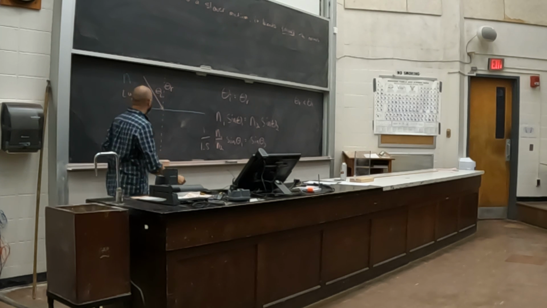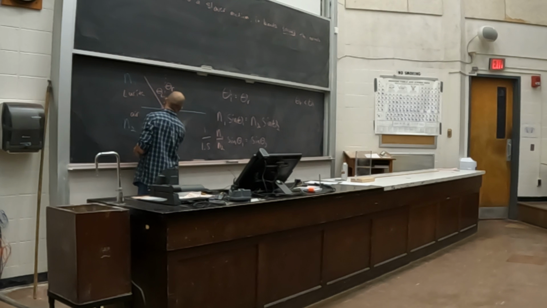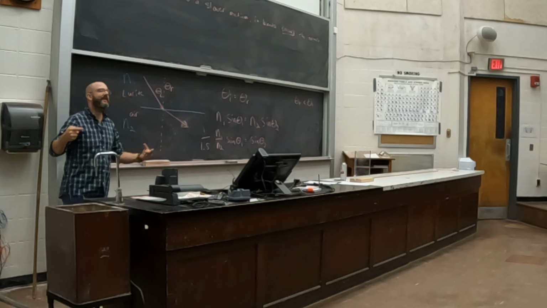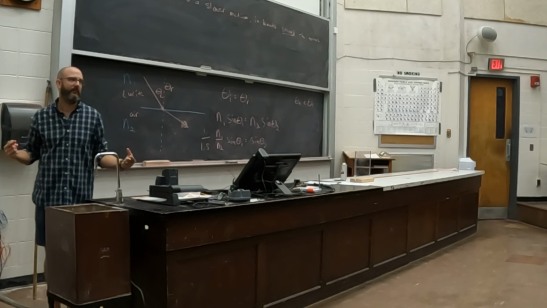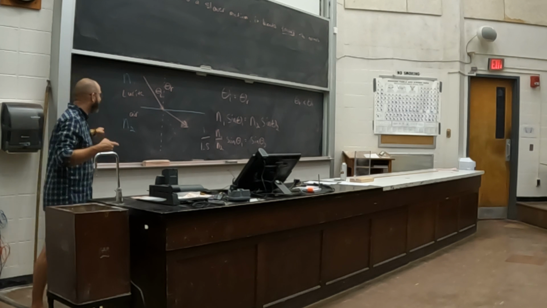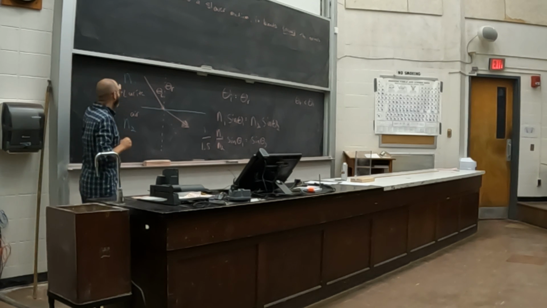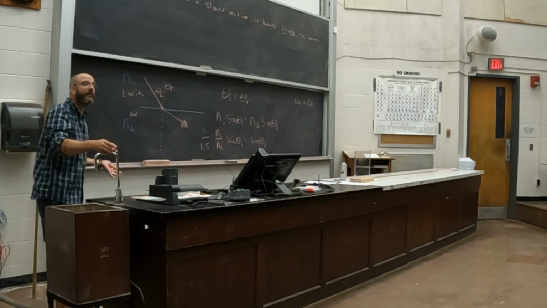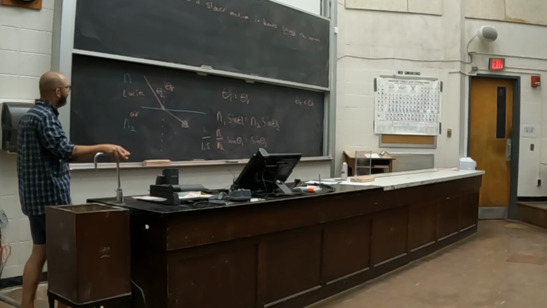If we were to do this, we would find this is the path of the light we have to take. As it moves back into the air, it speeds up. When it speeds up, it bends away from the normal. In this case, n2 is less than n1. You can run the math and prove it to yourself if you want to, or you can memorize it, or you can do both, which is the better plan.